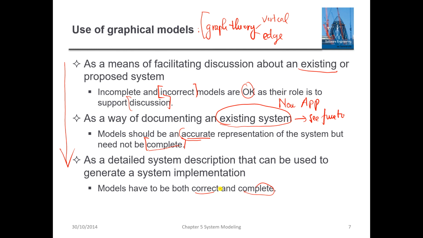Lastly, it is correct and complete. This one is a detailed system, this one just needs to document an existing system, and this one is a general idea. For the first exercise, it is a general idea, so incomplete and incorrect is acceptable, but it must be clear.